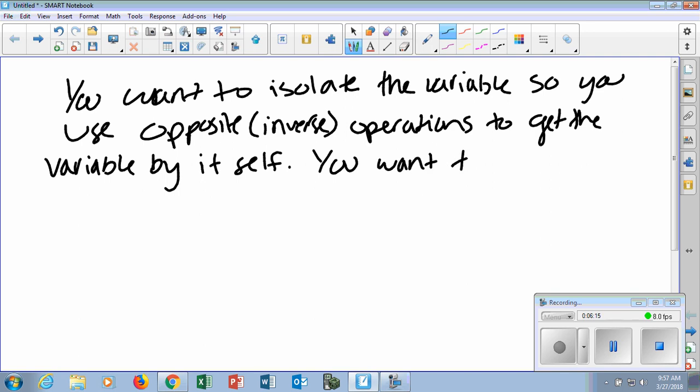You want to, and this is the key word here, you want to undo the operation. So we're going to get some practice with this.